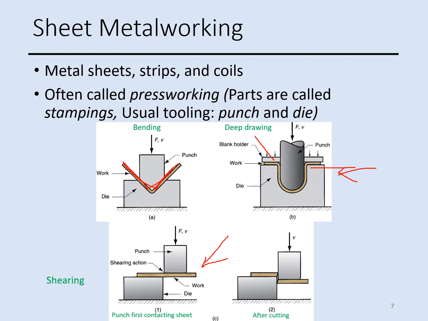When we apply this punch downward this way, that cup will take the shape of this punch. The next operation is shearing, where we use the punch and die to create some cut on the workpiece.